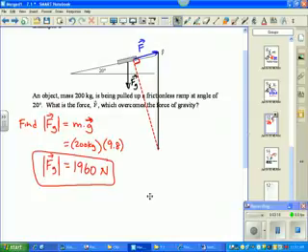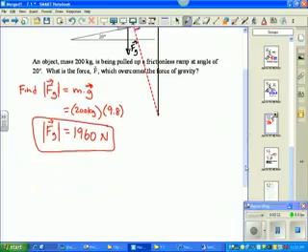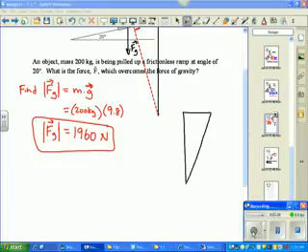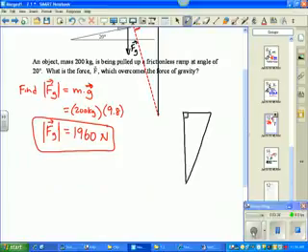So now I'm just going to recreate this triangle down below. Recreating this triangle, we see that it is a right triangle, and the force of gravity straight down we already calculated.